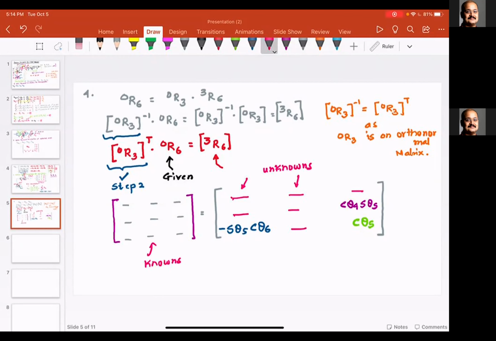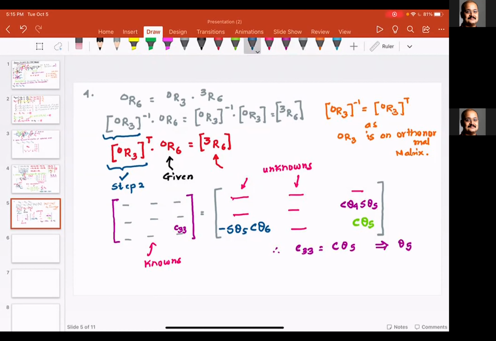So what I'm going to do is compare term by term. I'm going to pick up this number and call it C33. I'm going to equate C33 is equal to cosine theta 5. And from here, I can get the value of theta 5.